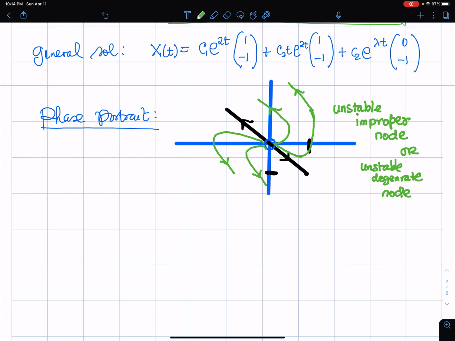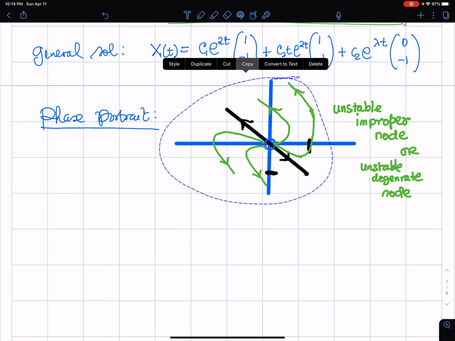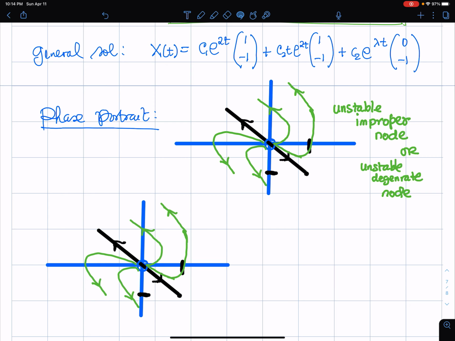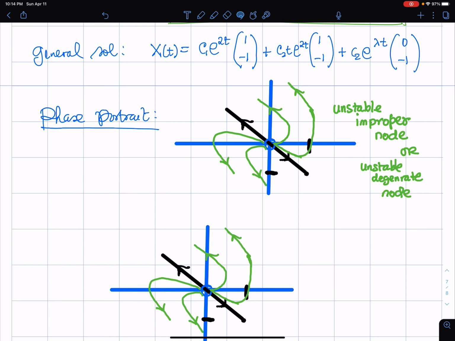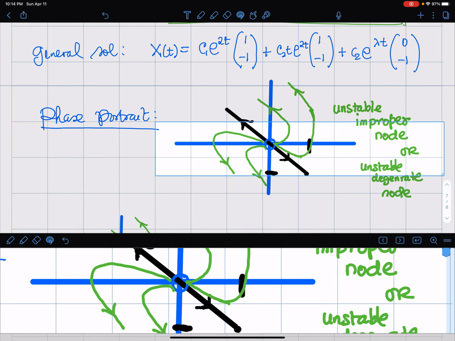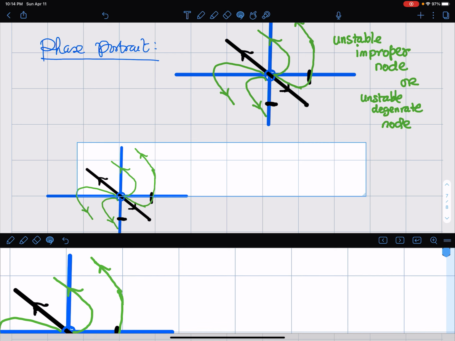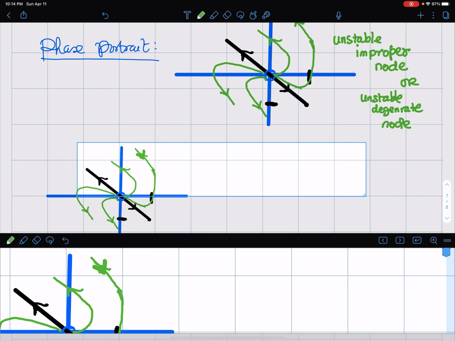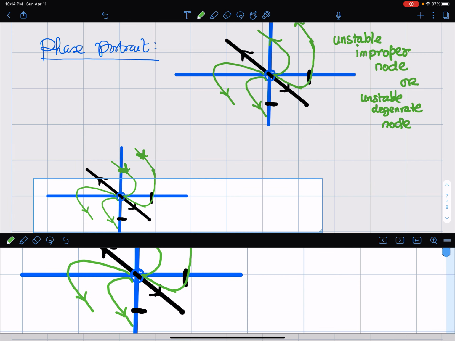Now, it could also be that we have one eigenvalue, and this eigenvalue is negative. Assuming the eigenvalue was negative 2, the only thing that would change is that these arrows are going to be pointing inwards now.